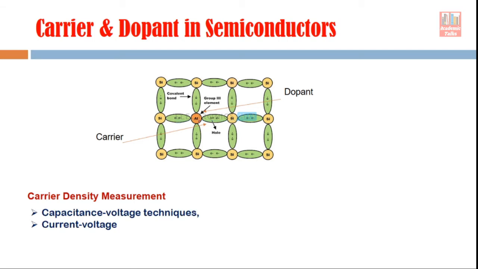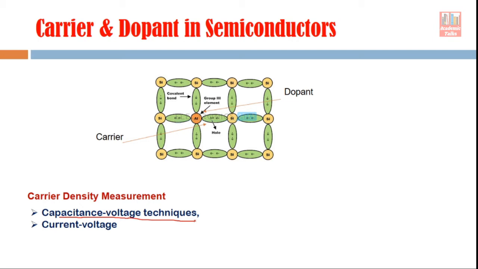If we talk about electrical methods, there is the capacitance voltage variation method and the current voltage method. Today's lecture is also focused on the capacitance voltage measurement technique, but we are going to discuss the minimum capacitance and maximum capacitance method.